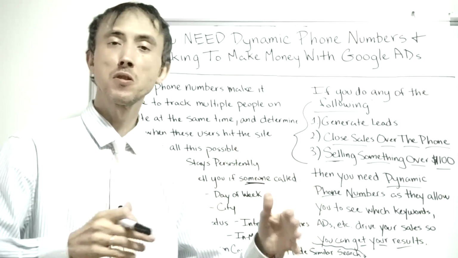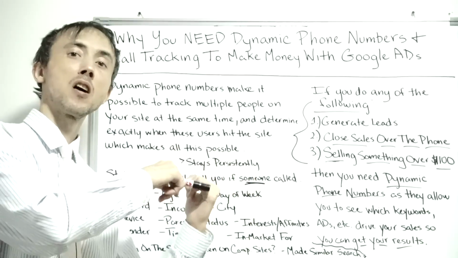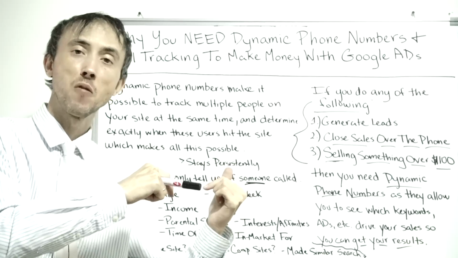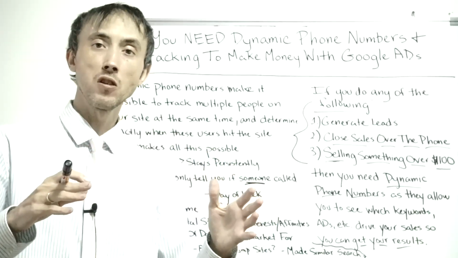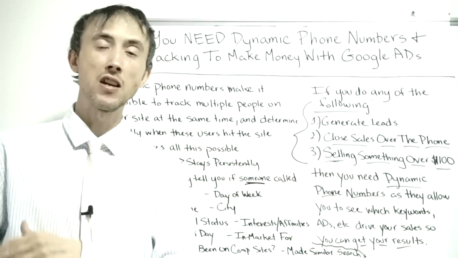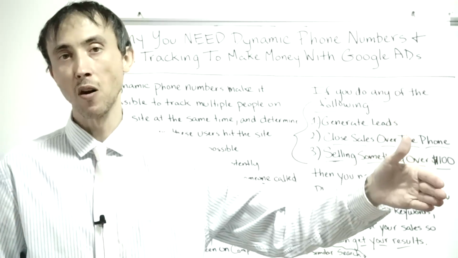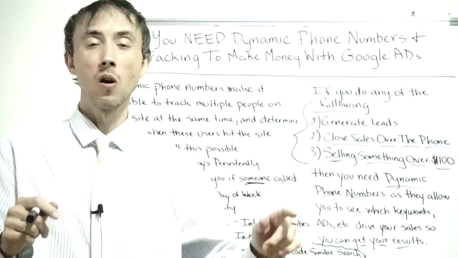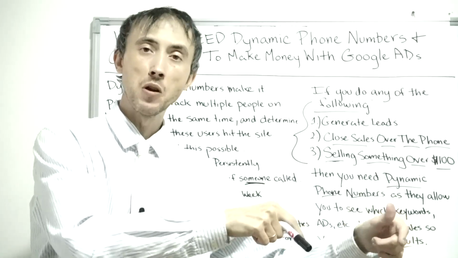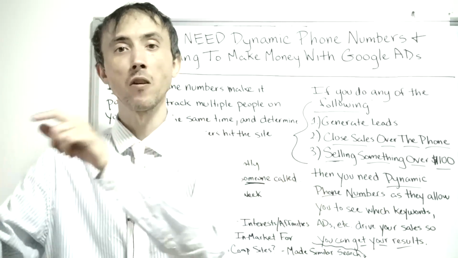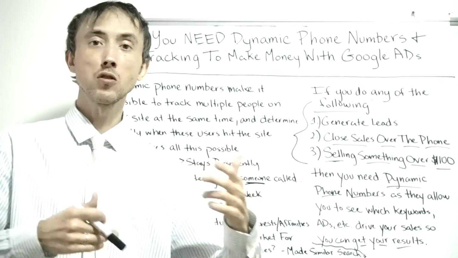And even though the system is supposed to be intelligent enough to know that 2 weeks ago they clicked on an ad and that's the ad that actually drove the sale, the reality is a good 40% of users are going to switch devices or locations before they buy. They're going to find you initially at work, and buy from home, or vice versa. Or they're going to start out researching your company on their desktop computer, and eventually buy on their phone. And this is where the tracking gets screwed up, so to say.